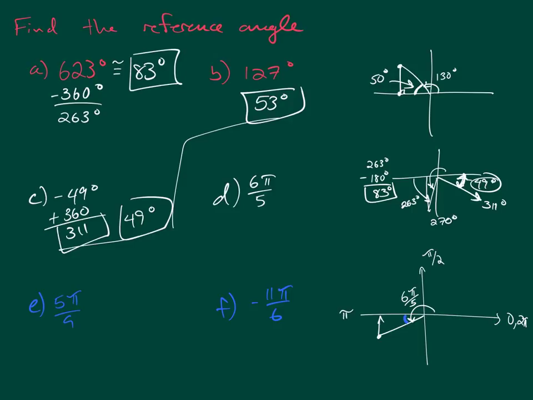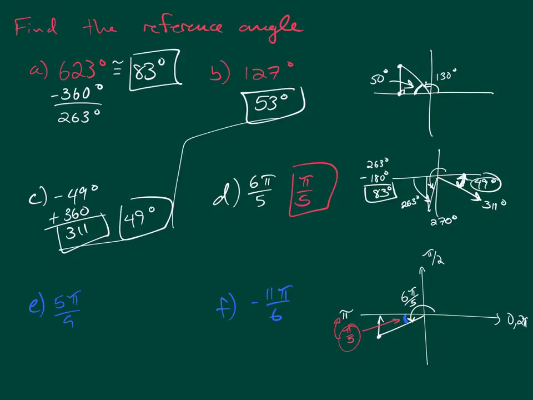Well, if we just subtract 6 pi over 5 minus pi, you will get a reference angle of pi over 5. That's how far past pi this angle is. That little angle right there is pi over 5. If you add that little angle to the pi radians already, you will get 6 pi over 5.